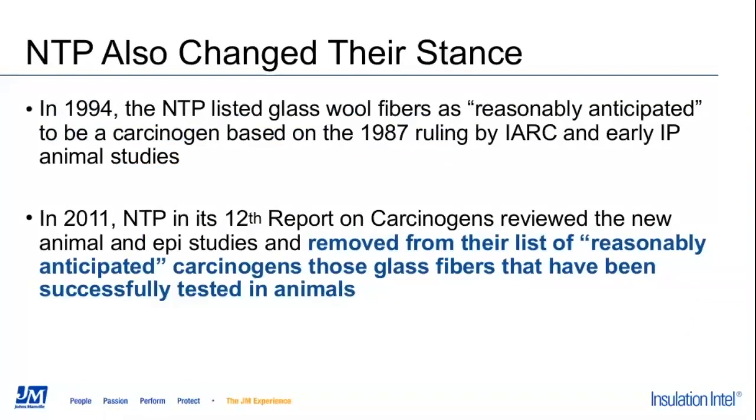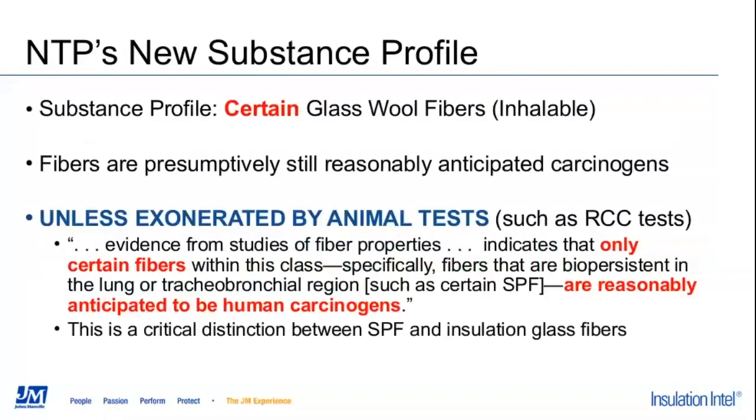It took a decade after 2001, but NTP did then reclassify the biosoluble fibers and remove those from its official list of carcinogens for the United States. And one of the issues that we always come up against is that the IARC and the NTP got to the same conclusion, but they used a little bit different reasoning.